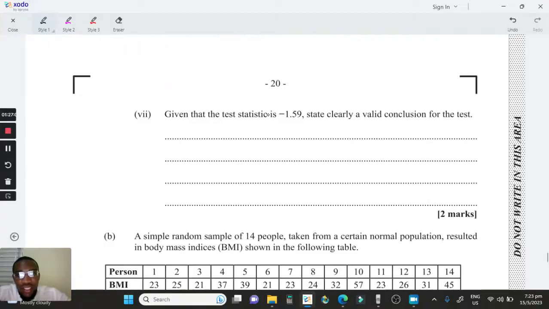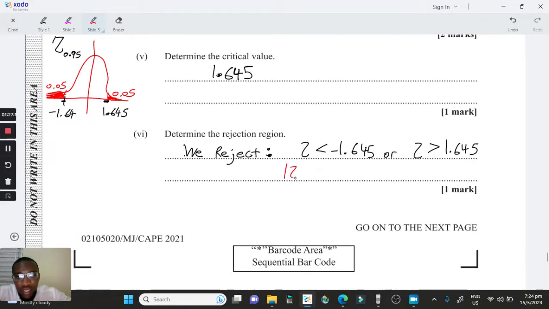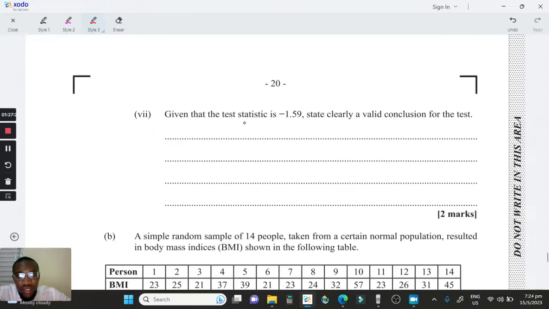Now it says, given that the test statistic is negative 1.59, what can we conclude? By the way, this can be written as the modulus of Z is greater than 1.645.